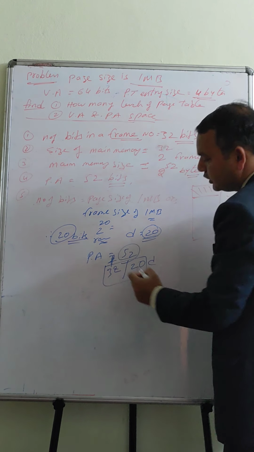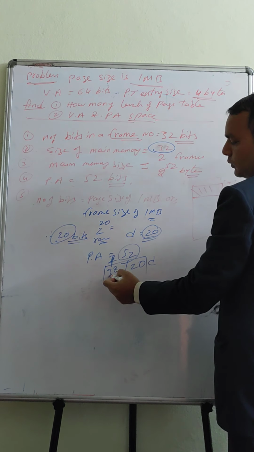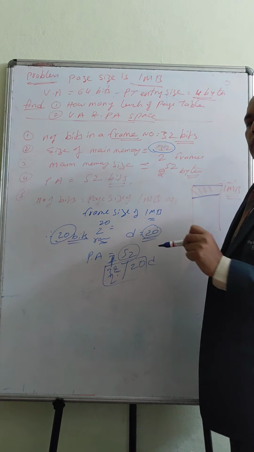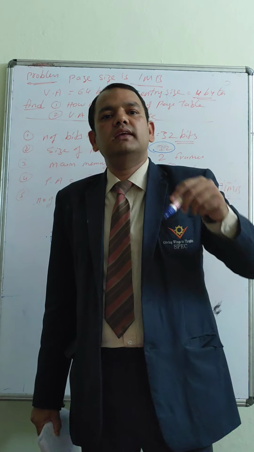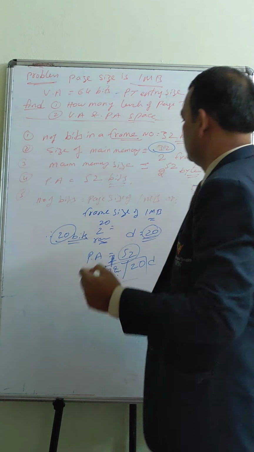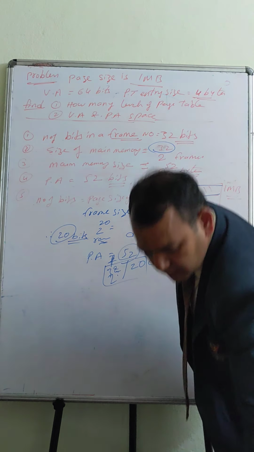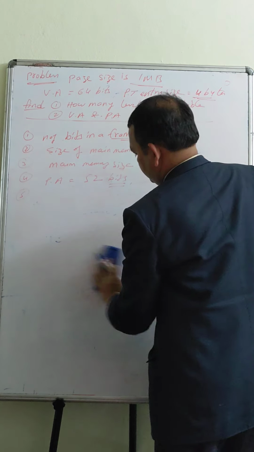So 2 power 32 frames, and in each frame of 1 MB size, to navigate in a particular frame, we need 20 bits. In this way we calculated the number of bits in main memory of physical address.